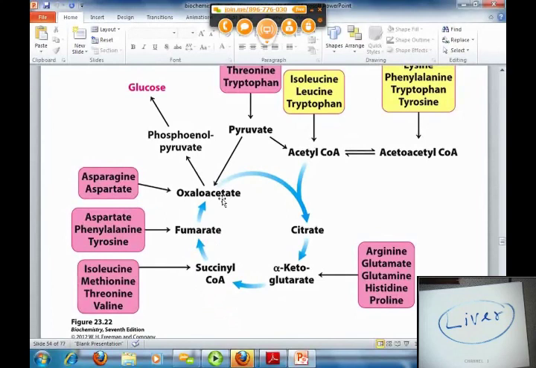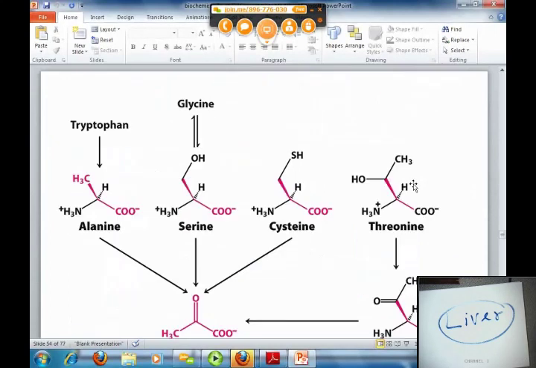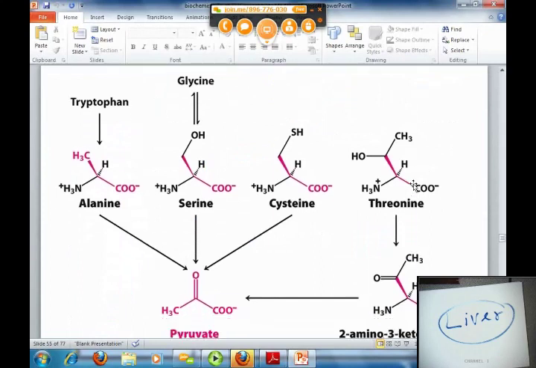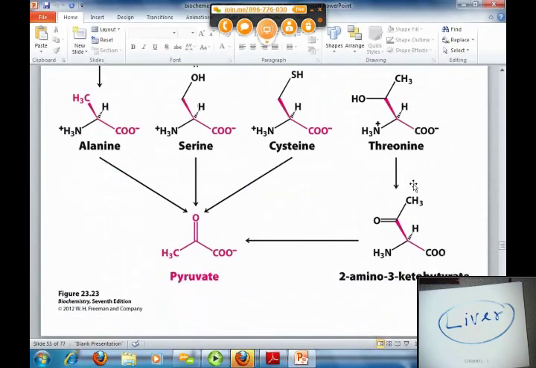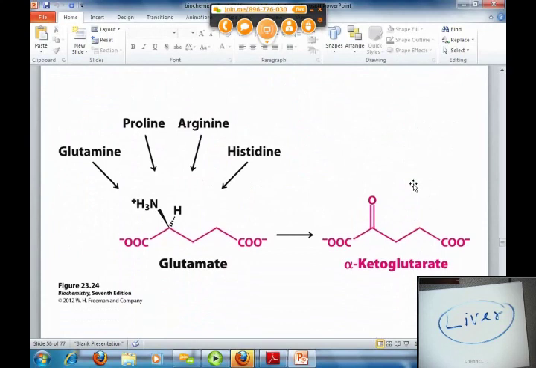Suppose aspartate can enter oxaloacetate as well as aspartate getting into the fumarate. Okay, so tyrosine can also enter fumarate, and tyrosine can also enter into acetoacetyl coenzyme A. So it's all of a different pathway where it can enter into the TCA cycle. So these are the individual amino acids, and how they enter into the pathway.